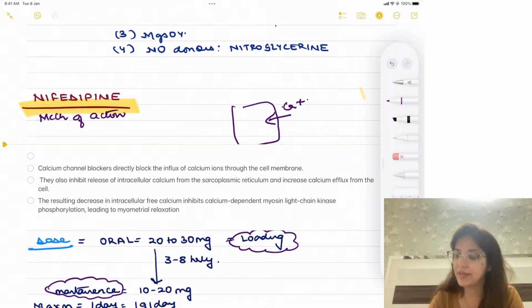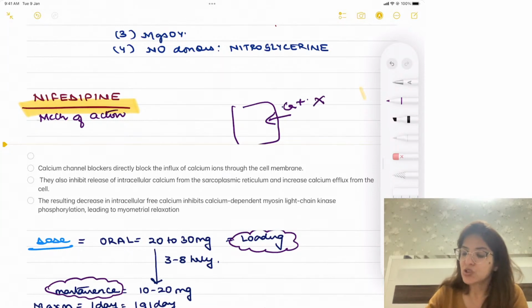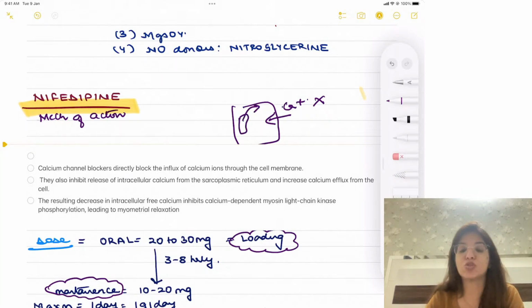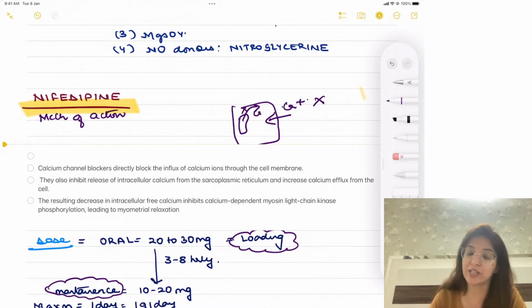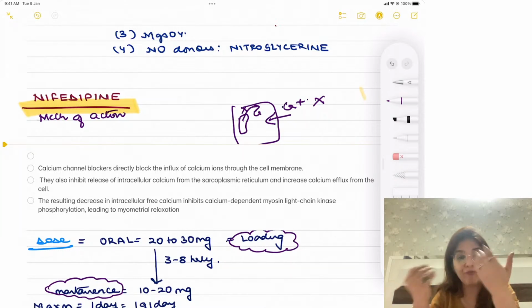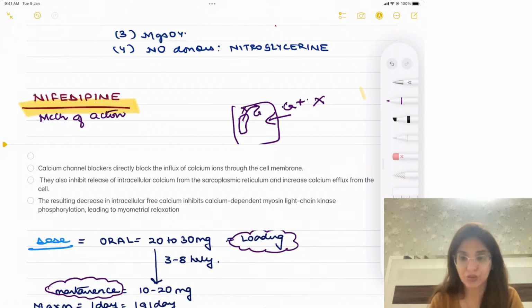Number two, it is going to block the release of calcium from the sarcoplasmic reticulum.